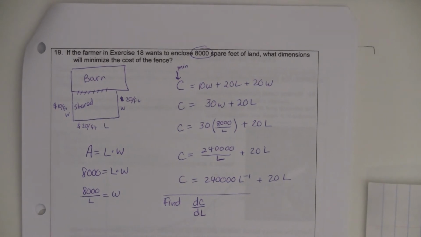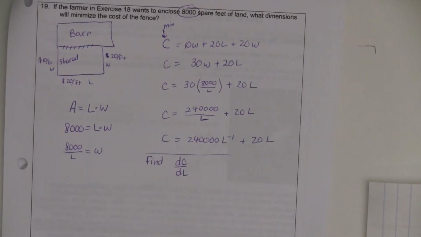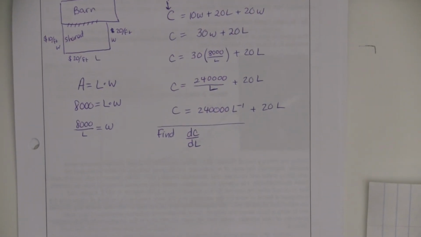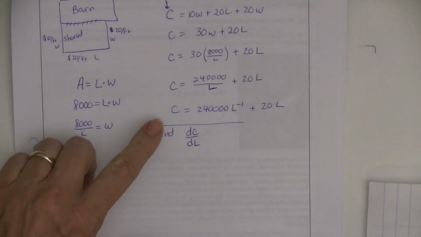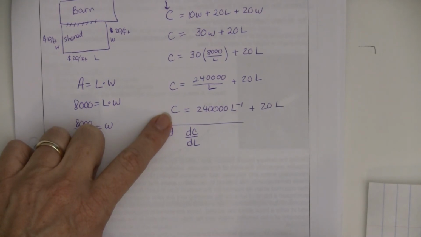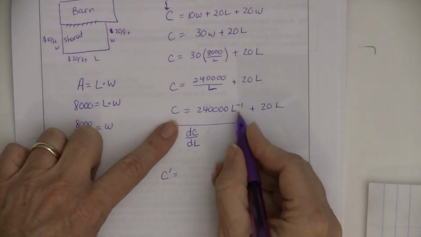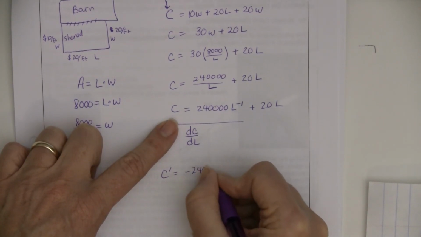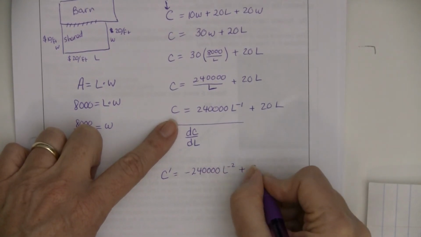And so I'm going to check to see if I've written right off my paper. And miracles happen, I haven't. Now what I'm going to do is find the derivative. You can call it dC/dL if you like, or you can call it C prime. Either way, I'm going to call it C prime. And then this is going to be negative 1 times that 240,000 L to the negative 2 plus 20, right?